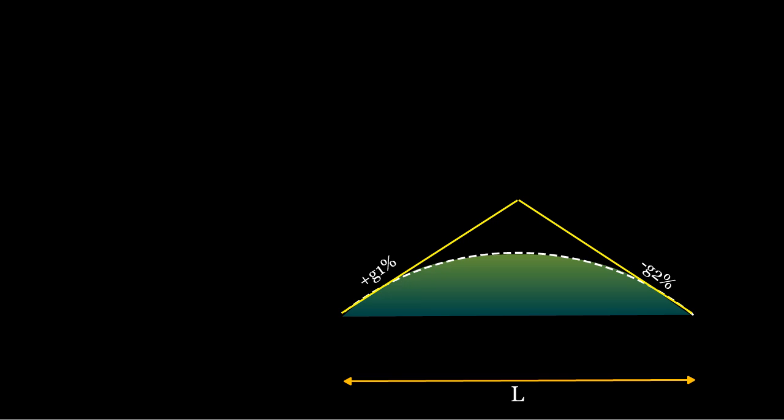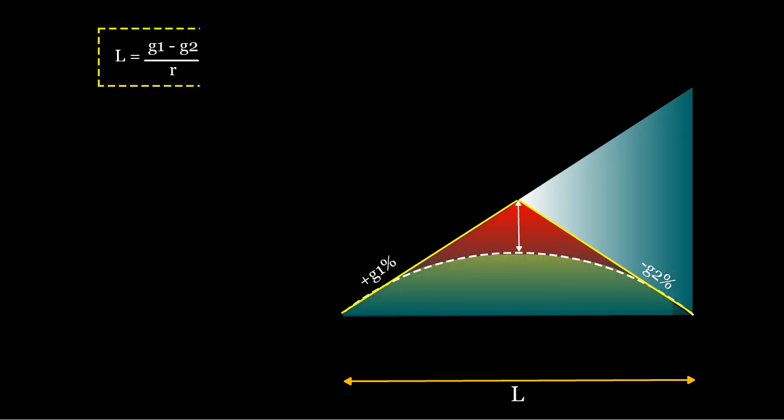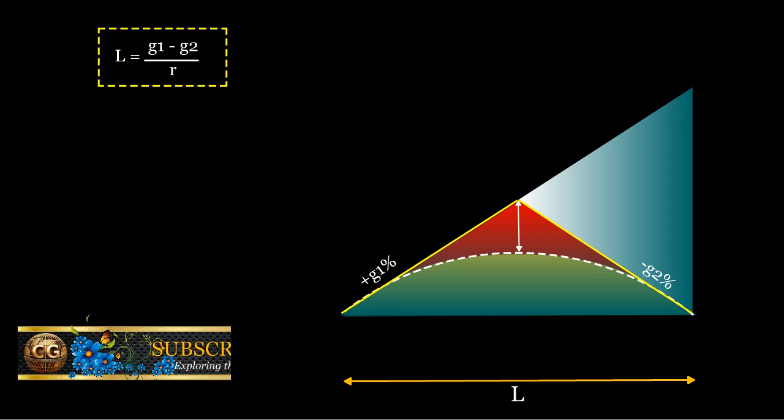The formula is: the length of the curve L equals the difference in the grades G1 and G2, divided by the rate of change of grade R, where G1 minus G2 represents the algebraic difference between the two grades in percentage. R is the rate of change of grade in percentage per chain. Standard intervals are considered as one chain.